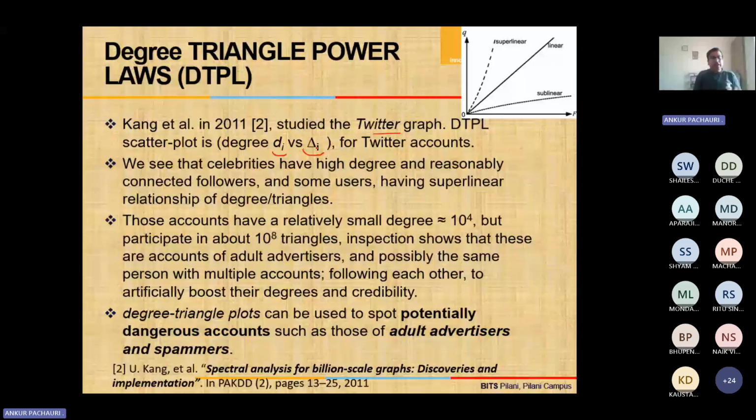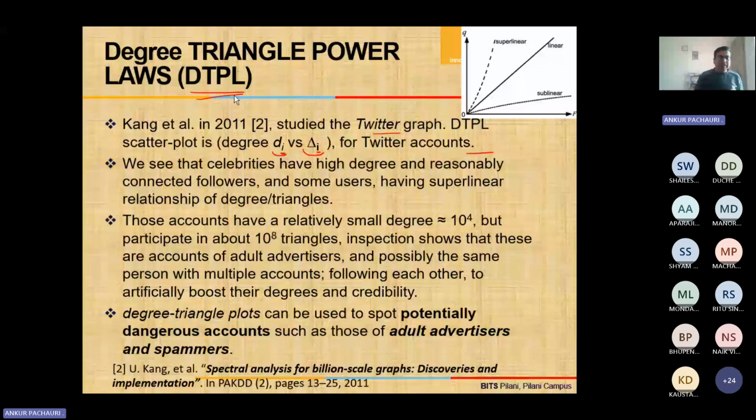What he observed was that this also exhibits a power law, and he named it the degree triangle power law.